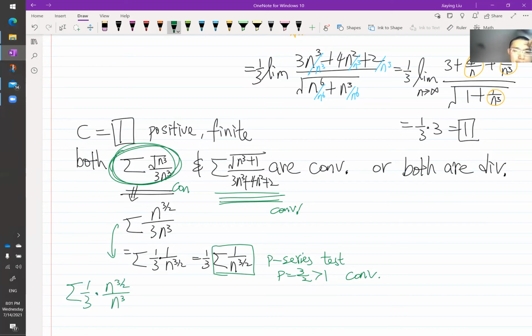For those two n terms, when you divide terms with the same base and different exponent, you subtract. So that's n to the 3/2 minus 3. So that becomes 1/3 n to the negative 3/2, and that's 1/3 times 1 over n to the 3/2.